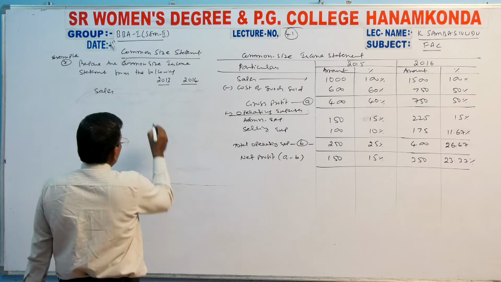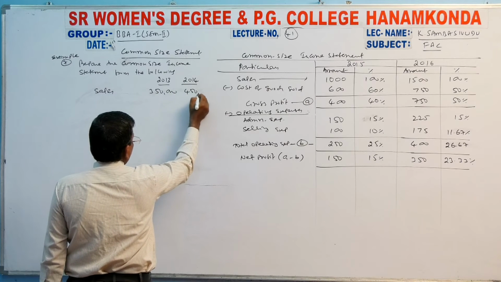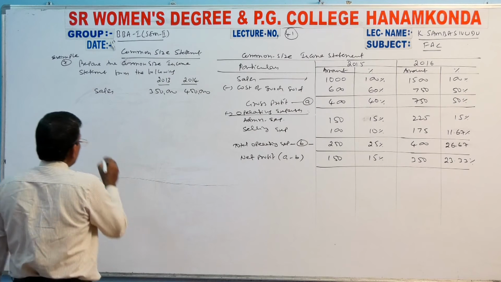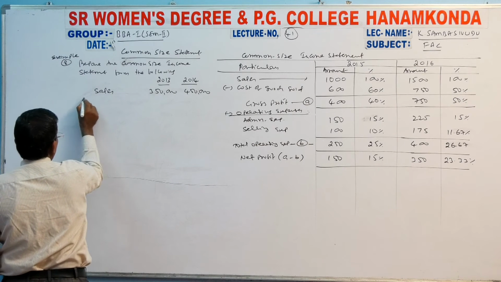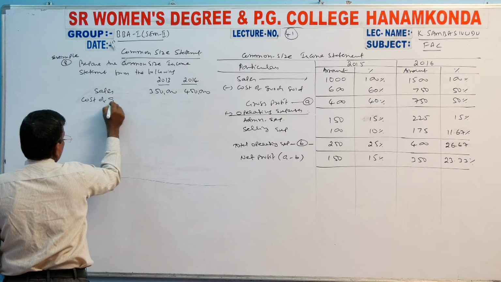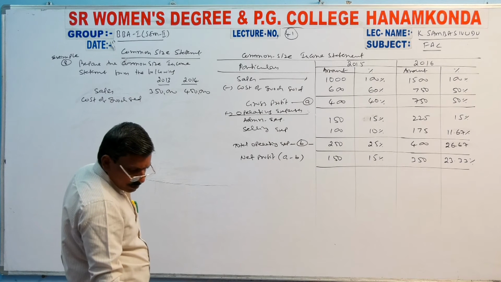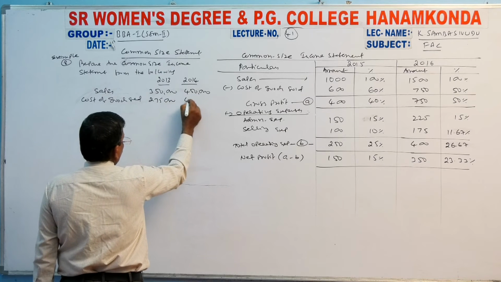Sales 3,50,000, 4,50,000. Cost of goods sold 2,75,000, 4 lakhs.